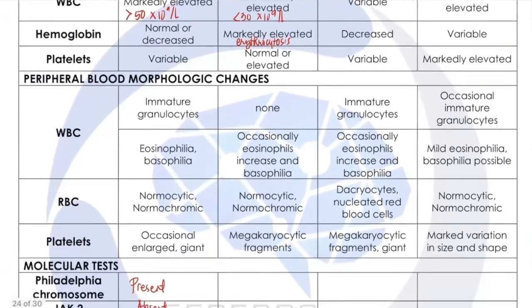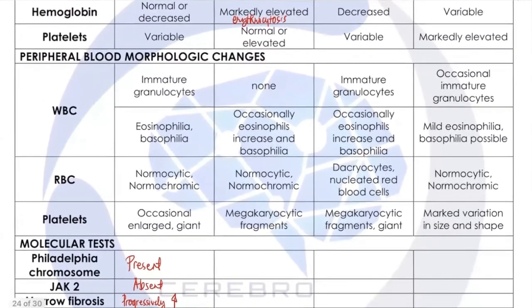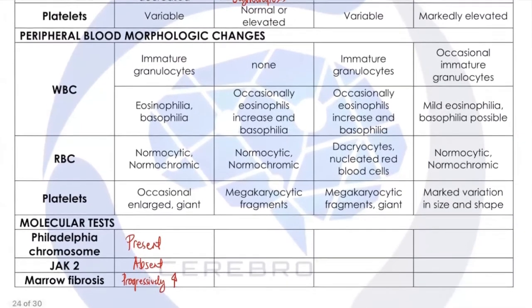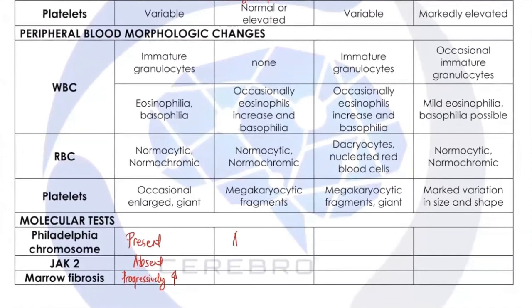RBCs are normocytic and normochromic, and the PBS might exhibit megakaryocytic fragments. Philadelphia chromosome here is absent because Philadelphia chromosome, guys, is only associated with chronic myelogenous leukemia. JAK2 mutation is present in approximately 95 to 100% of the cases, and the bone marrow fibrosis is also progressively increasing.